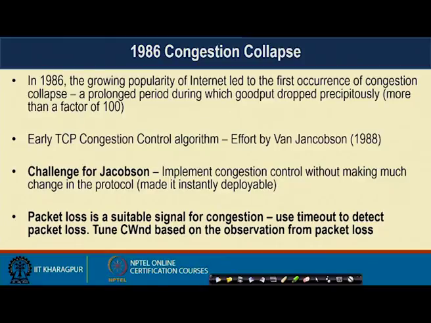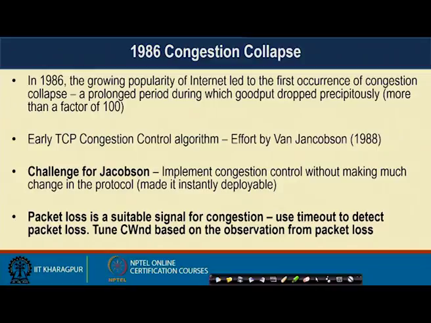In 1986, the growing popularity of the internet led to the first occurrence of congestion in the network. We call it the congestion collapse. This congestion collapse was a prolonged period during which the output of the system dropped significantly, by more than a factor of 100.